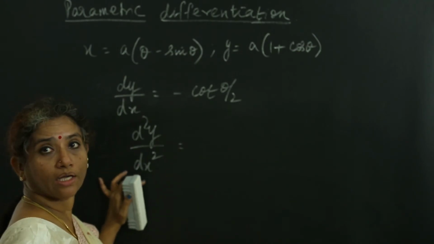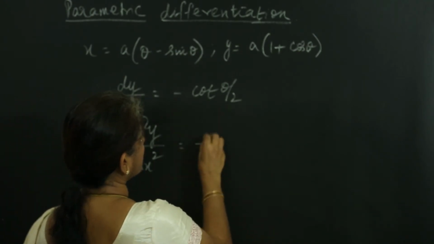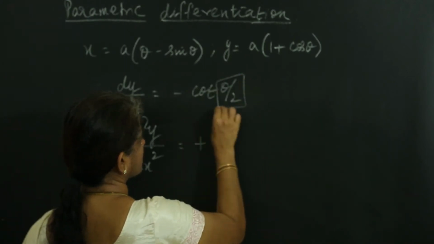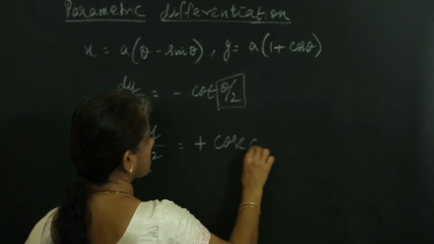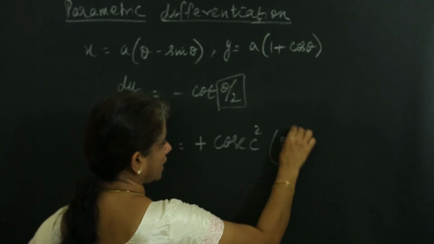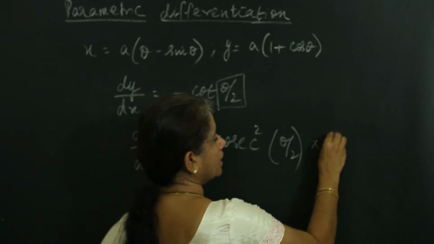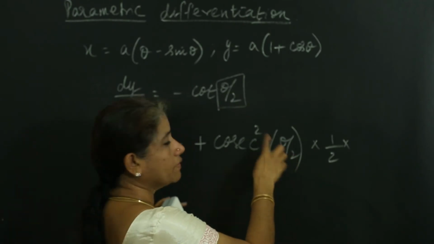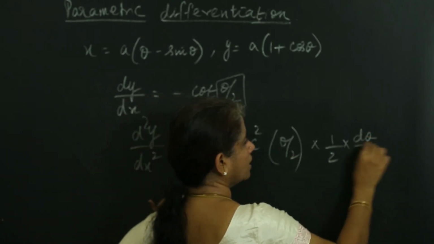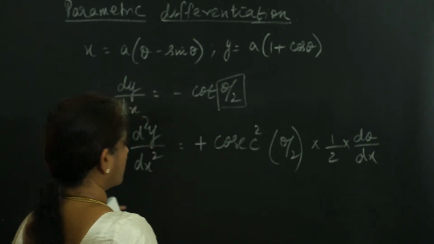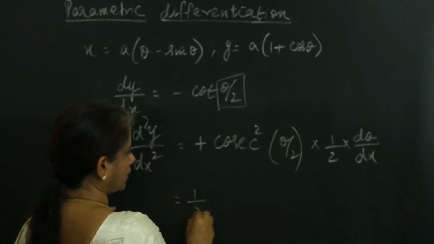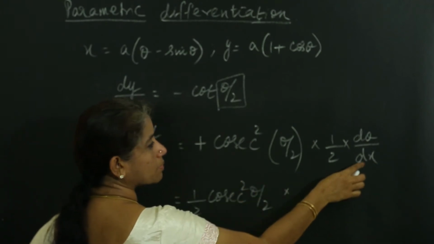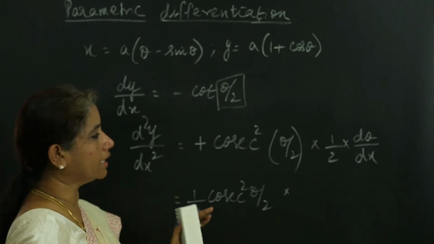So d square y by dx square is equal to minus, cot x derivative is minus cosecant square x, so this is x is like this, plus cosecant square theta by 2 and derivative of theta by 2. So what is the derivative of theta by 2? 1 by 2, and when you differentiate theta with respect to x, you will get d theta by dx. Please remember that. So this is nothing but half into cosecant square theta by 2 into d theta by dx, which I am supposed to substitute.